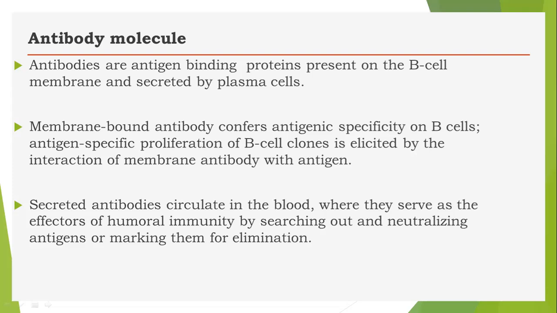These serve as effectors of the humoral immune system, connecting the complement, connecting the adaptive and the innate immune system. They are involved in antibody-dependent cell cytotoxicity. They are involved in opsonization of pathogens so that there is activation of phagocytosis by the neutrophils and the macrophages. All that is very, very significant.